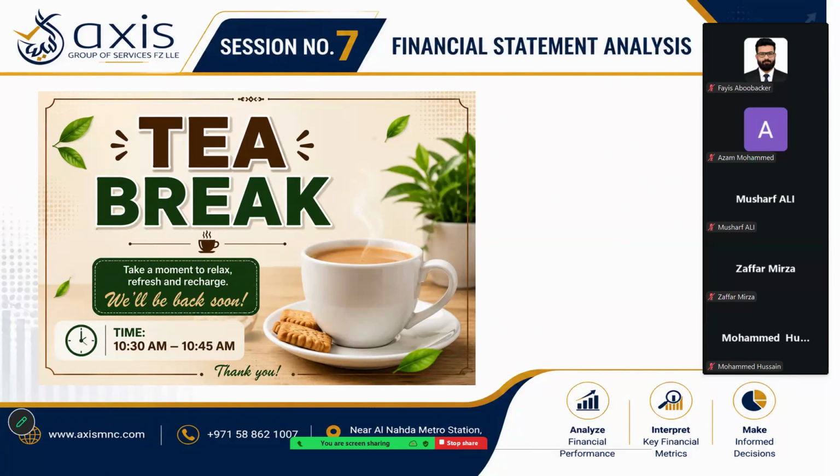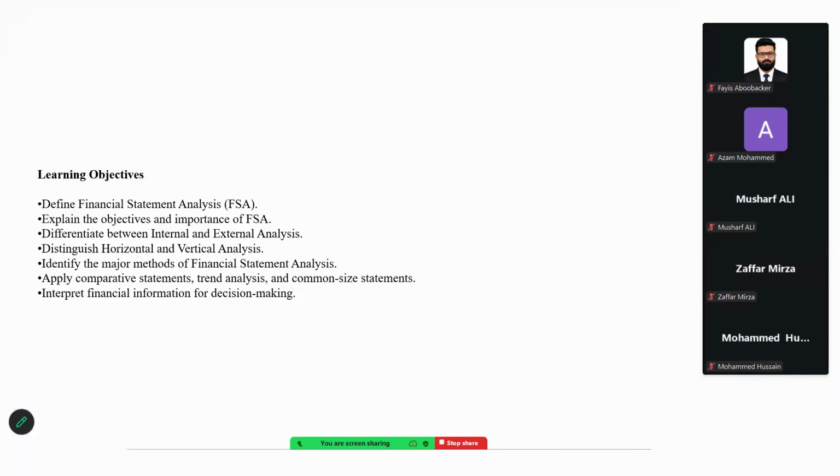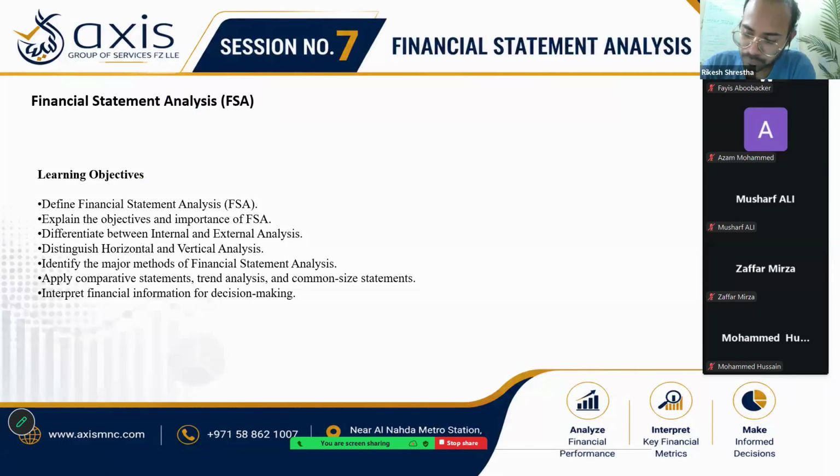Now the actual syllabus in the CMA is financial statement analysis, how to analyze. Are we ready? We know how to prepare the financial statement. So now we are going for financial statement analysis. Step 2, right?